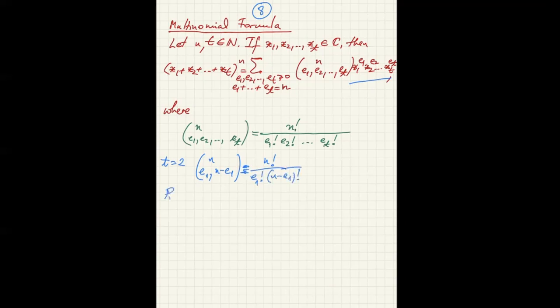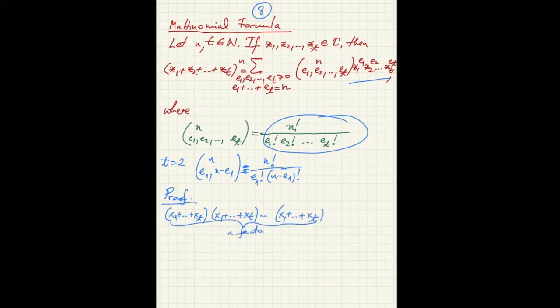Now, how do you prove this result? How do you prove that the coefficient is actually this expression here? So it's very similar to the proof of the binomial formula. So we have all these summations, these terms, x1 plus and so on plus xt, x1 plus and so on plus xt, and we have n of them, n factors.